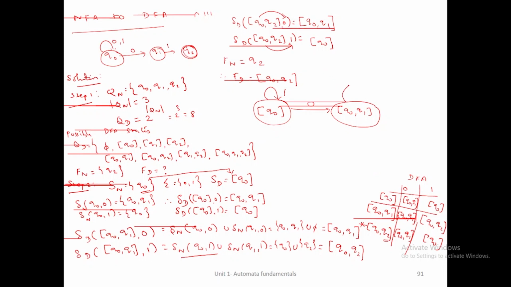For Q0, Q1, there is a self loop with 0. If it is 1, it goes to Q0, Q2. It is a final state, so I mention it with a double circle. Then if it is 0, it goes to this state. If it is 1, it goes to this state. So this is the final DFA diagram. Thank you.